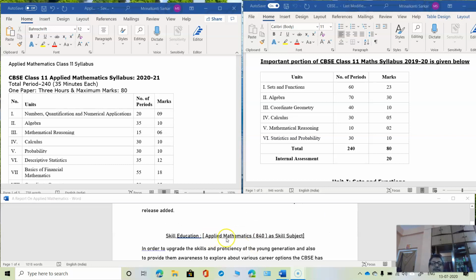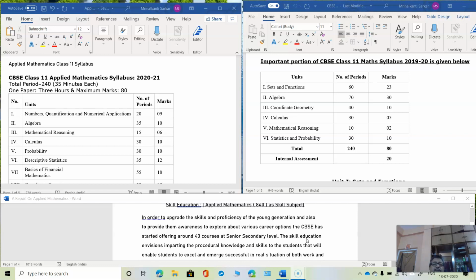Okay, this skill education, you can see the code 840 as a skill subject started by the CBSE board earlier, and their basic aim was to upgrade the skills and proficiency of the young generation and also to provide them awareness to explain various career options. The CBSE has started offering around 40 courses.